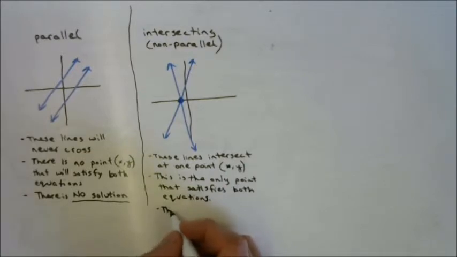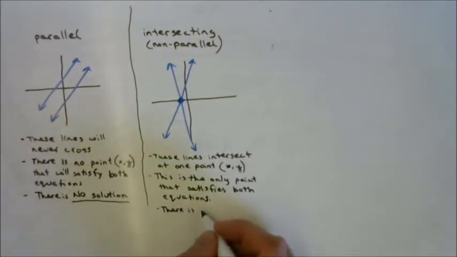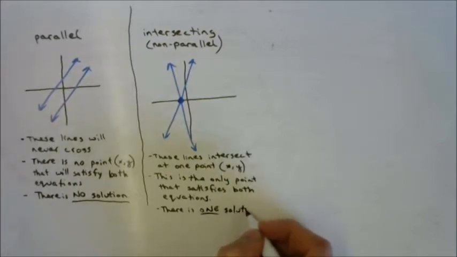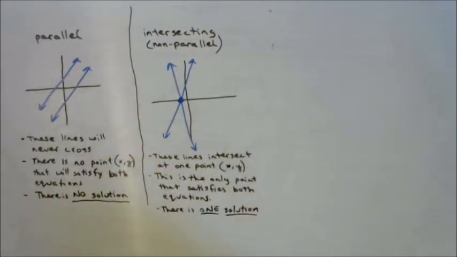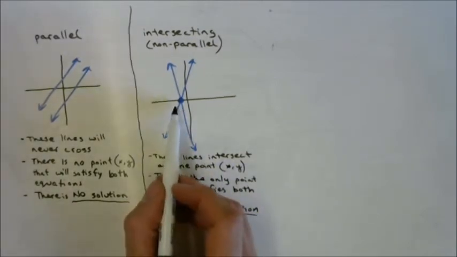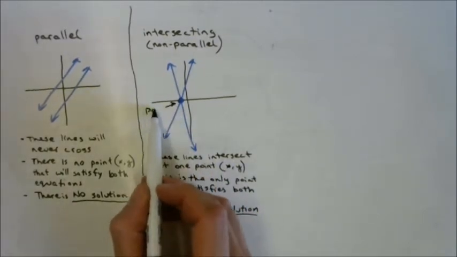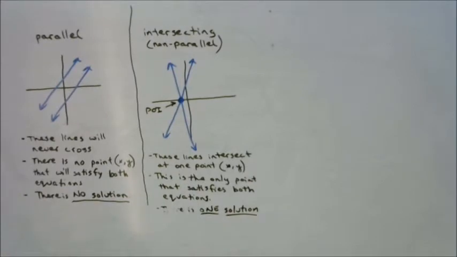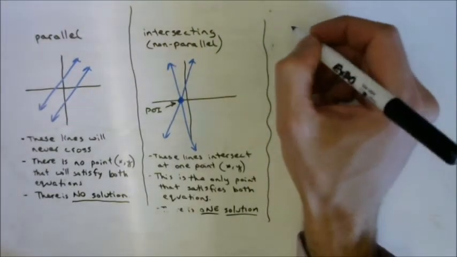If you have some space, there is one solution. Oh, so the solution is the point. Correct. If you can find the xy where they meet, the point of intersection, then you have solved the linear system. Gotcha.